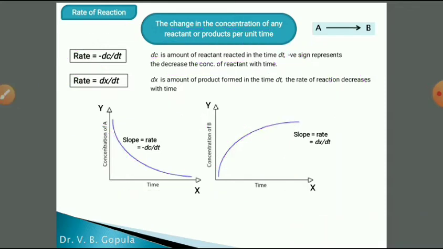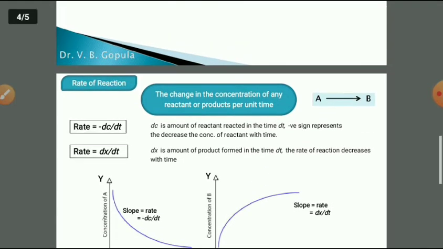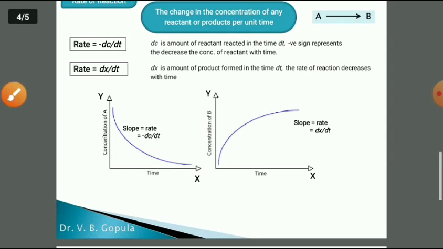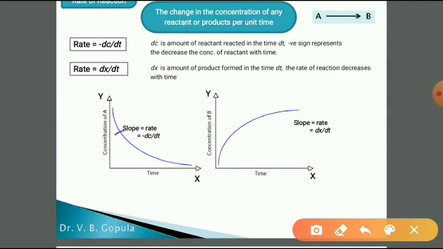If you consider graph 1 and take the slope, then we have to consider two points, this one and this one.